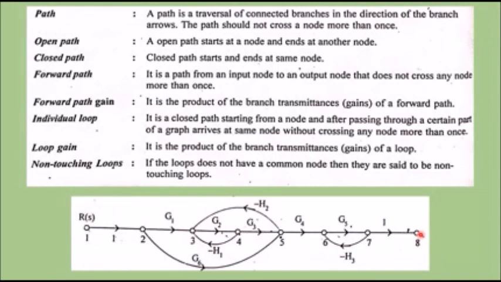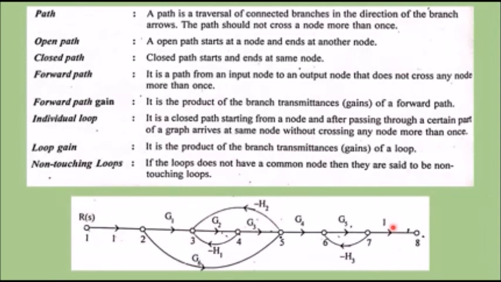Yes, you can skip nodes also, because we are skipping these two nodes when we pass using this path. Then what is the gain of a forward path? If you take this forward path, all the gains along these lines are multiplied together, and that is called the total gain. So it is the product of the branch transmittances or gains of a forward path.